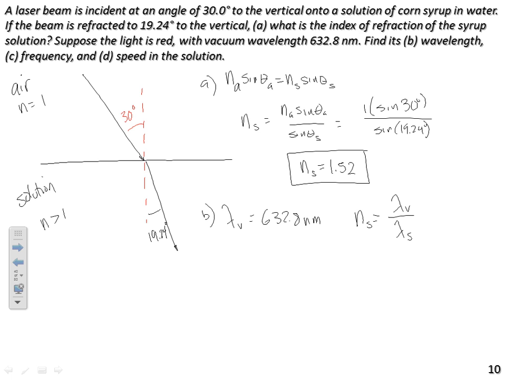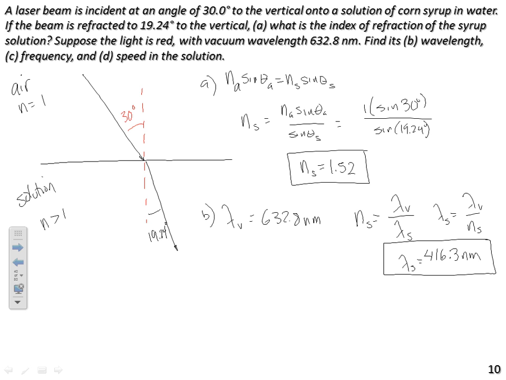Fair enough? That means that lambda solution is lambda vacuum over n solution. So we'll call that 632.8 divided by 1.52. And I get lambda solution is 416, I guess 0.3 nanometers. Right? As we go to a substance with a slower speed, a bigger index of refraction, the wavelength gets shorter.